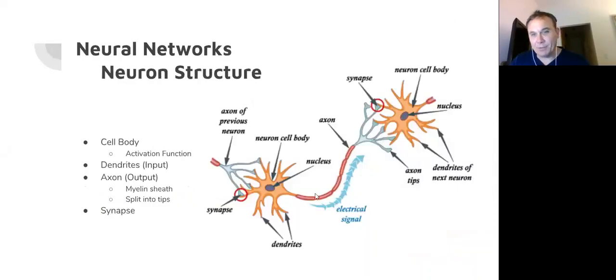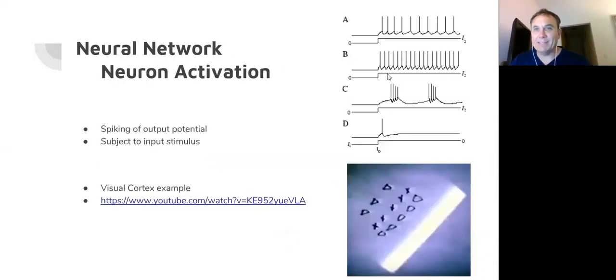So the information that flows along the axon is not just a number like a voltage over amps. It's actually an excitation. It's a wave. You have a pulsing. So the more excited you are, or the more that neuron is stimulated, the faster it's pulsing.